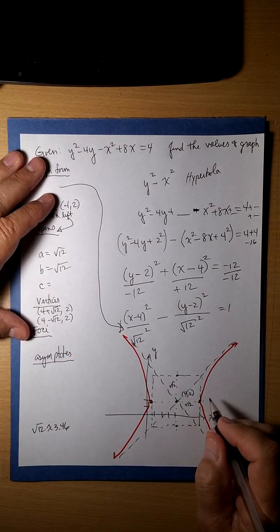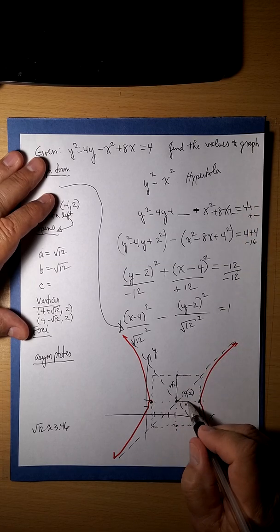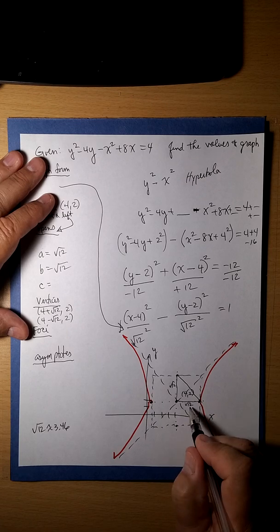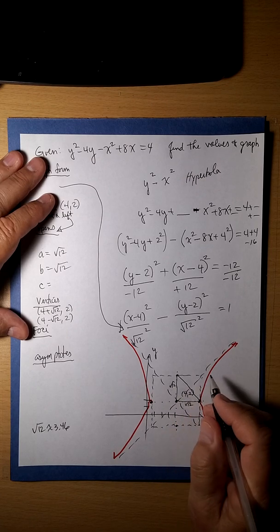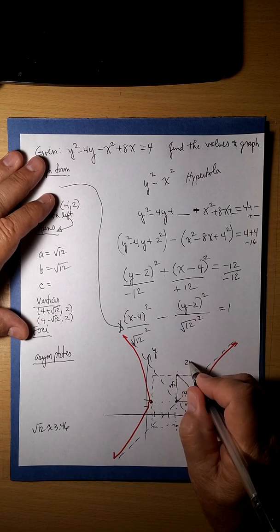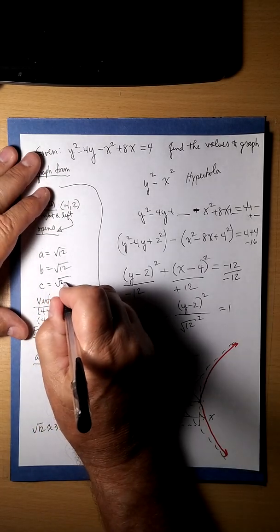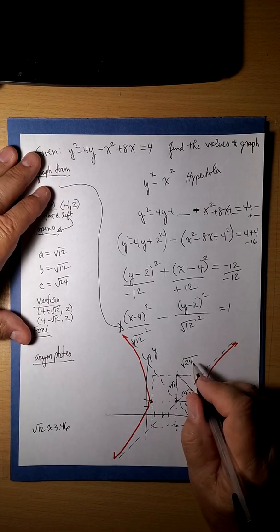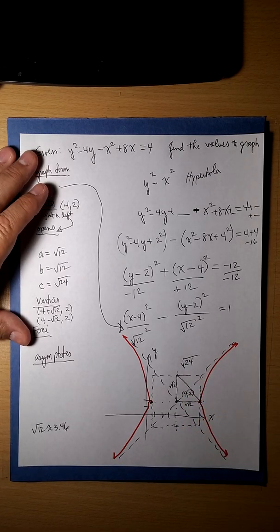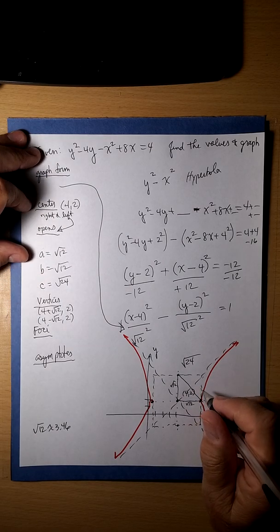The foci, we have to figure out what c is. Because this is the right triangle, square root of 12, square root of 12. Square this and square this, we get 12 and 12, which is 24, which is what c is supposed to be squared. So c is the square root of 24, which is 4.9, about 5.